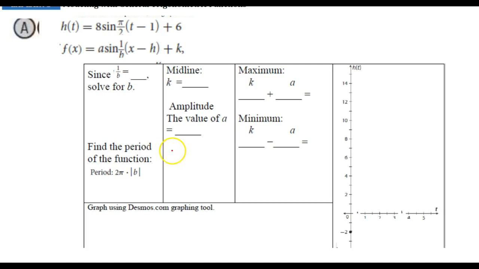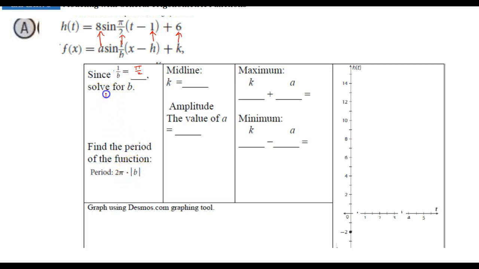So first things first, let's go ahead and graph this out. So let's identify our A value, our 1 over B value, our H value, and our K value. So since 1 over B is actually pi over 2, we're going to solve for B, and we're going to find our period.